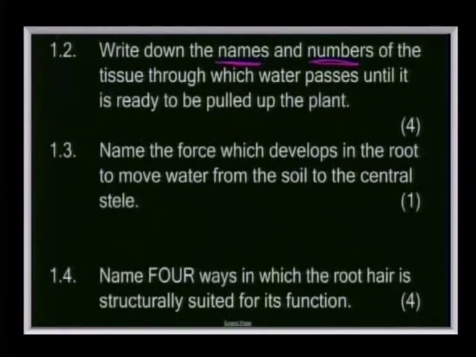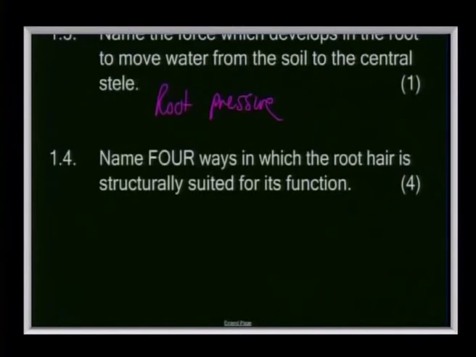All right, then 1.3. Name the force which develops in the root to move water from the soil to the central stele. In other words, to where the xylem is. And that force is root pressure. The water keeps on moving into that root. Name 4 ways in which the root hair is structurally suited to its function.